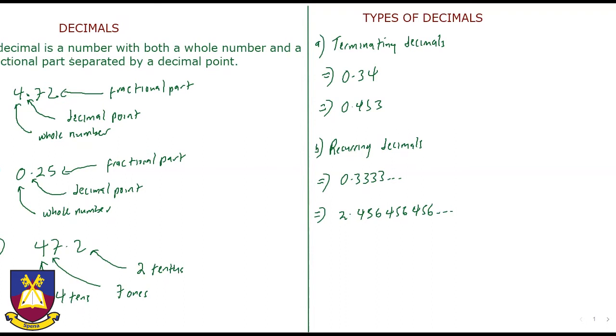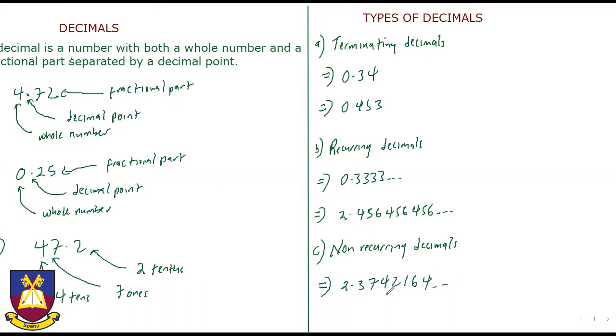Then we have another category. We have non-recurring decimals. Those are numbers that are not terminating and not recurring, so non-terminating, non-recurring. For example, 2.374216 and so on.